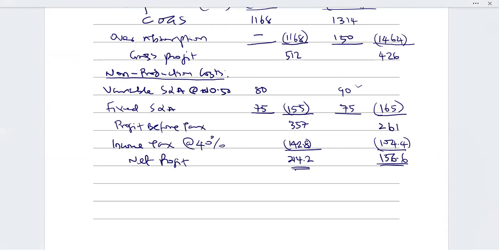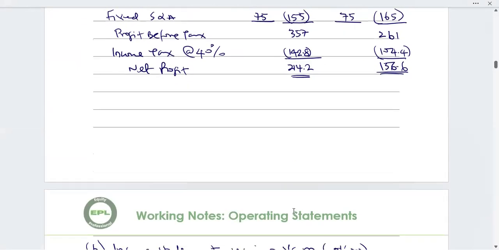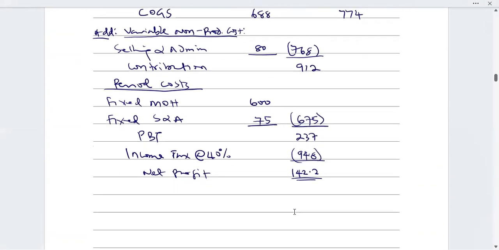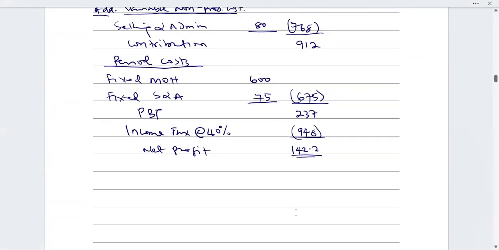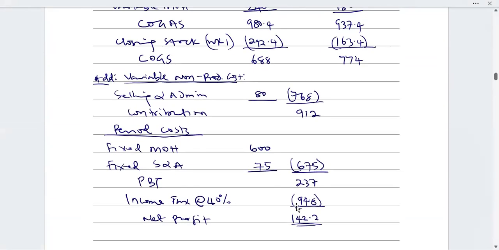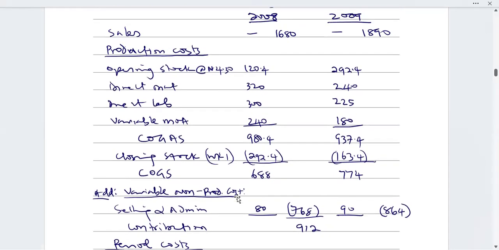So let's add that: variable selling and admin in 2009, 90,000. 90,000 plus 774 is 864.